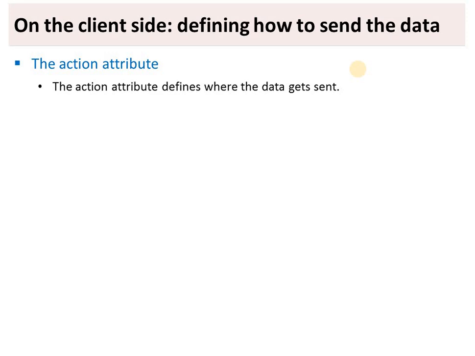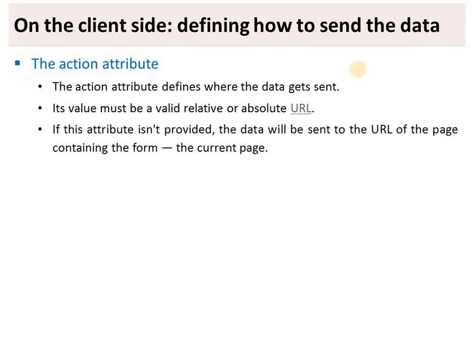Whenever you click on submit, all the data will be processed by that page. Its value must be a valid relative or absolute URL. If this attribute is not provided, the data will be sent to the URL of the page containing the form. That means your current page.